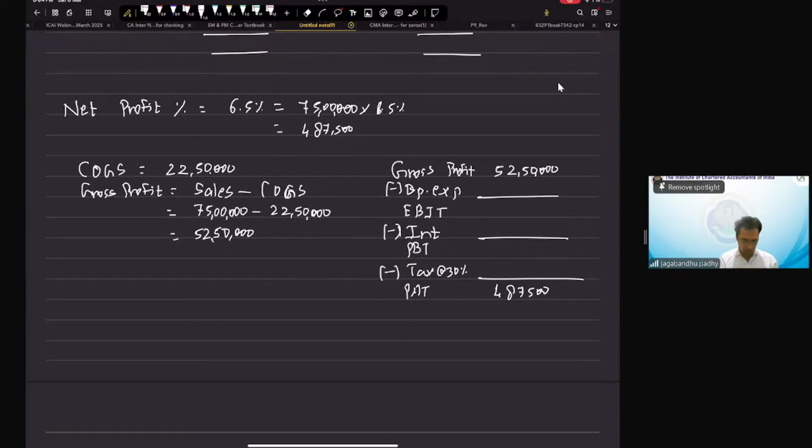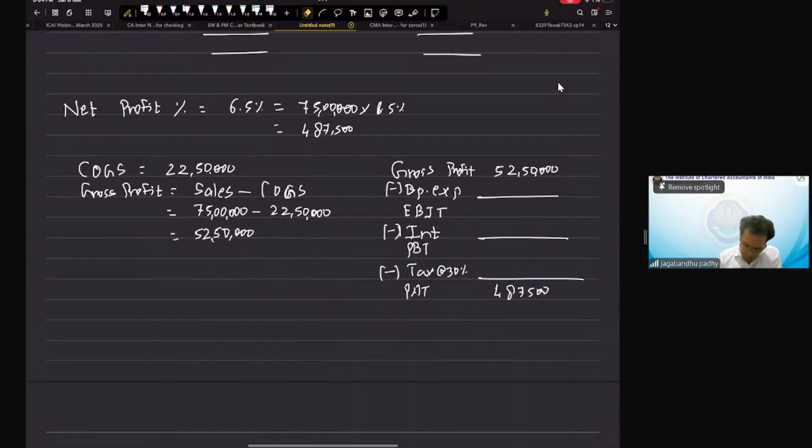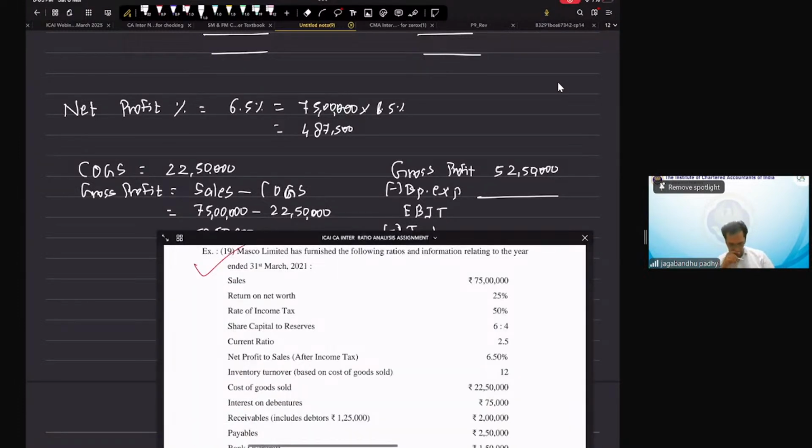Oh, sorry, yeah. Tax rate is 50%. So of course, if it's 50%, your tax amount will be also 4 lakh 87,500 and your PBT will be 9 lakh 75,000.